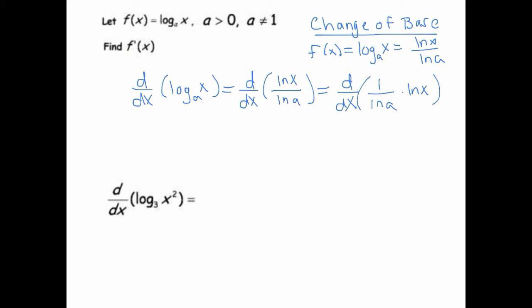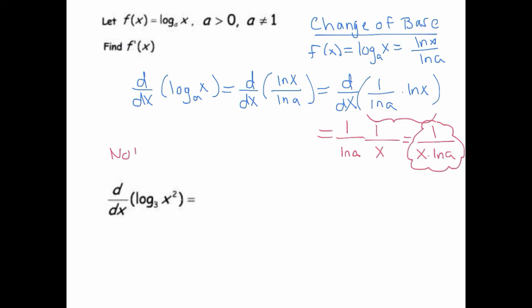And now the hard work's pretty much done. 1 over ln of a is just a constant, and ln of x is a function whose derivative we just discovered previously. The derivative of ln of x is 1 over x, and 1 over ln of a is just a constant. So there's our derivative. You can write it as 1 over x times ln of a if you'd like.